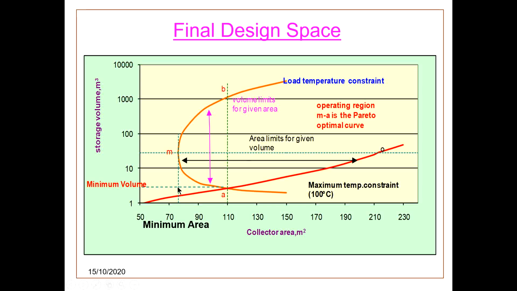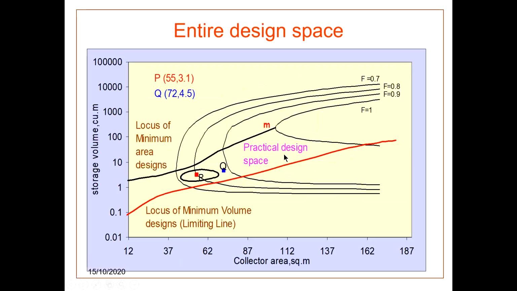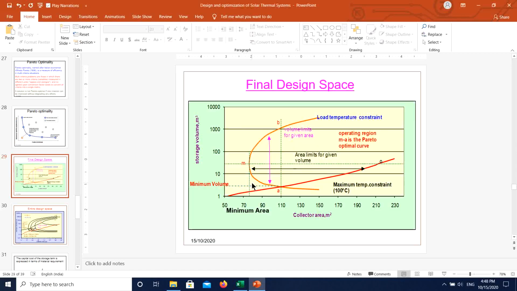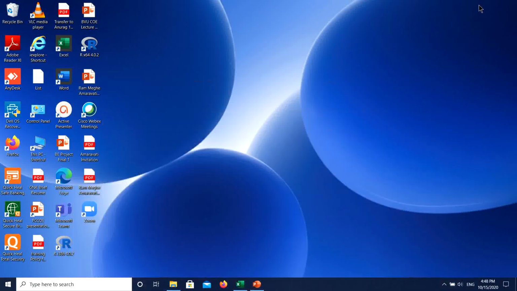So we have to obtain a solution on the basis of some attribute which combines both collector area and storage. The entire design space can be obtained like this. I will demonstrate how this figure is obtained, setting up a solar fraction and all. I will skip this here and go to the Excel sheet.